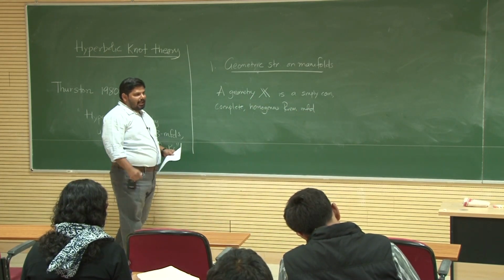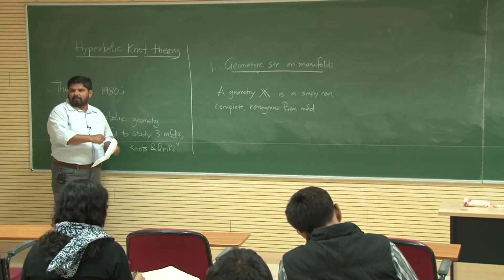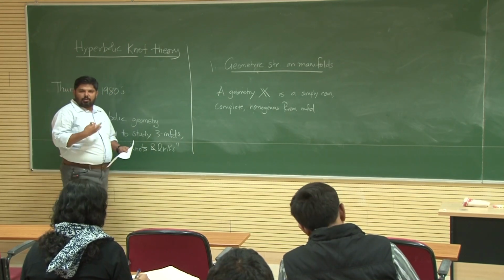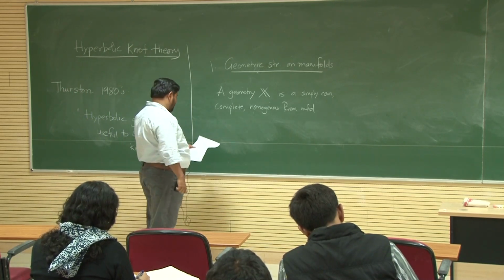Homogeneous just means that for any two points on the manifold, there is an isometry carrying one point to the other. So at every point, the geometry looks the same.